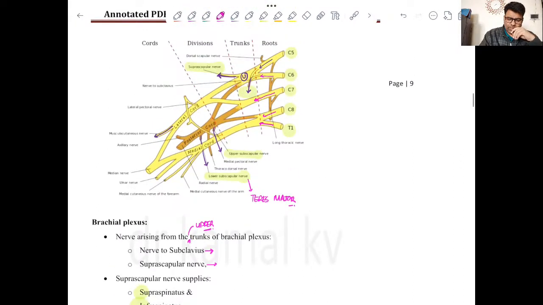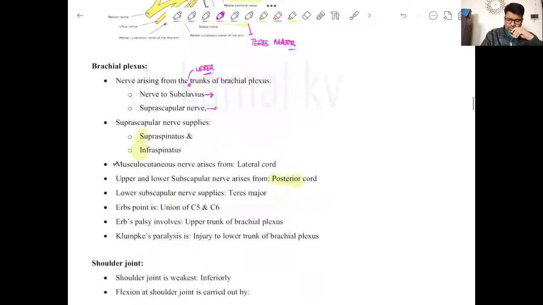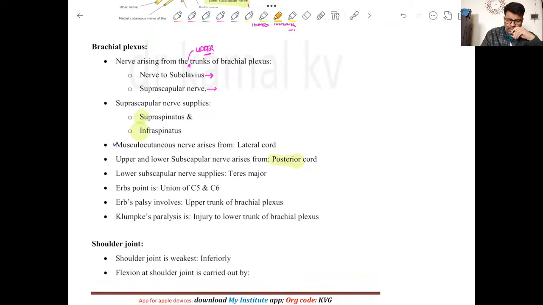Then the junction of C5 and C6 is known as Erb's point. So this is Erb's point, right? And if there is paralysis of the upper trunk, the condition is known as Erb's palsy, and you will see a classical porter's tip hand or policeman's tip hand, right?